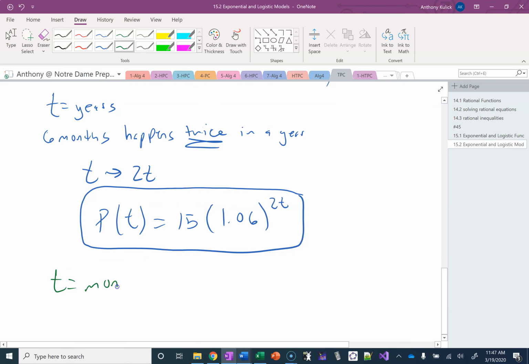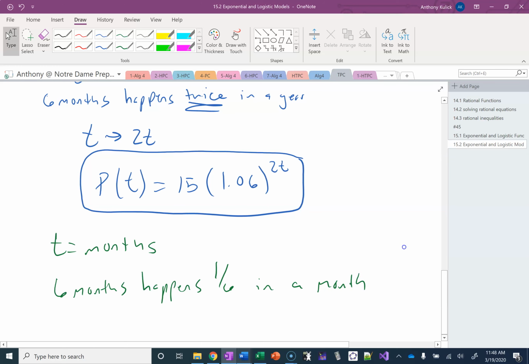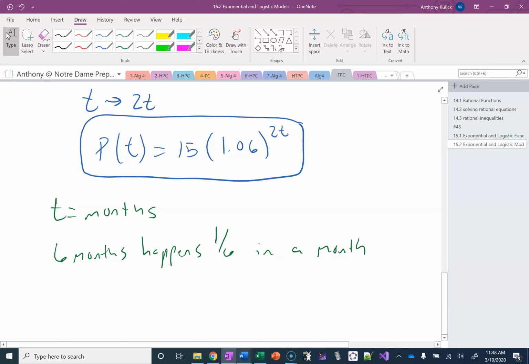What if we measure the time in months instead? Well, 6 months happens 1/6 in a month, right? So 6 months doesn't happen in a month, right?